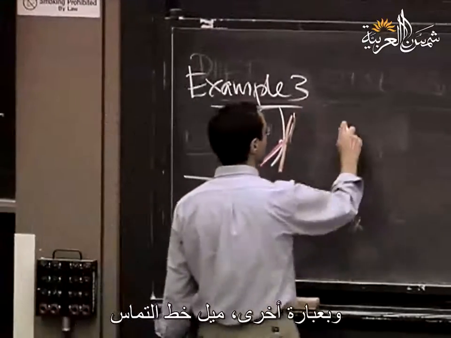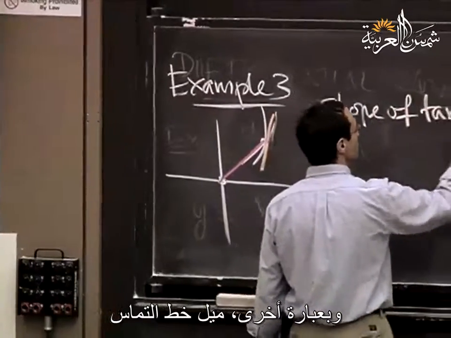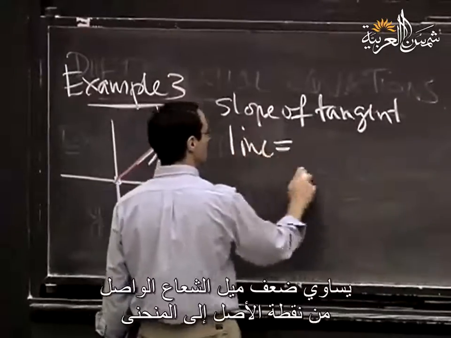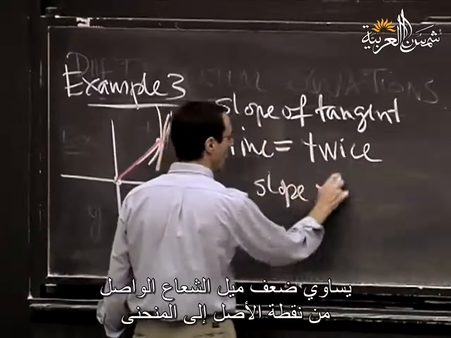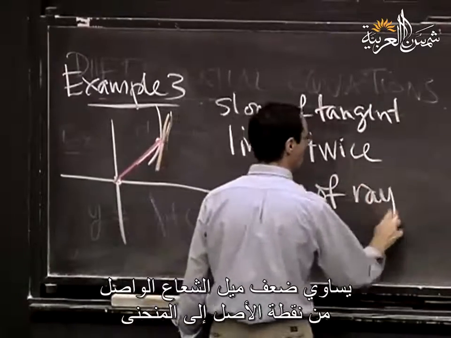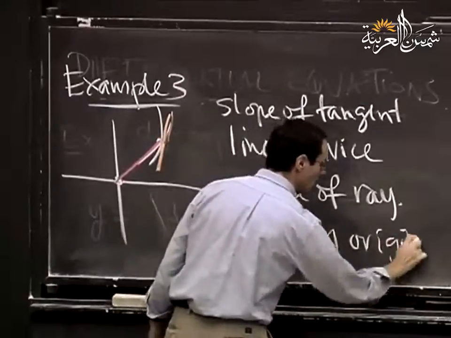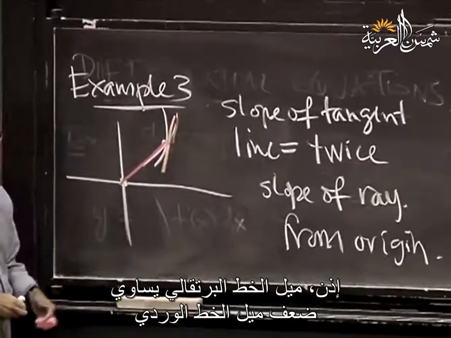So in other words, slope of tangent line equals twice slope of ray from origin. All right, so the slope of this orange line is twice the slope of the pink line.